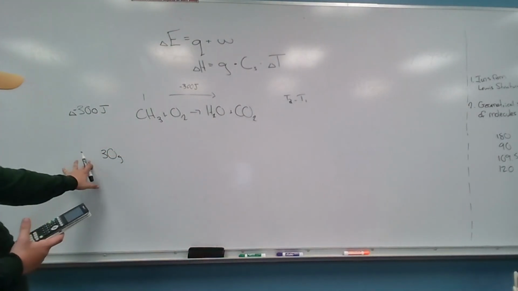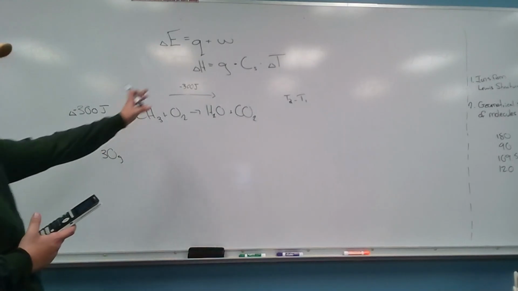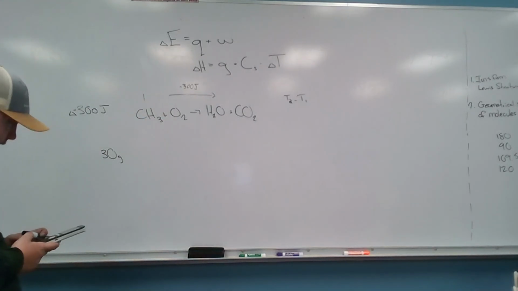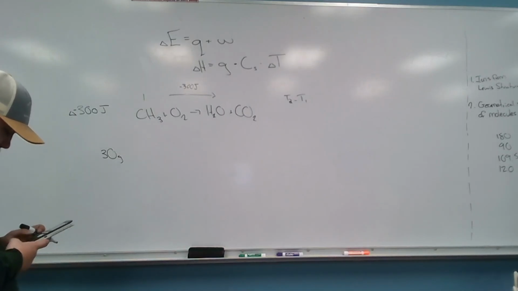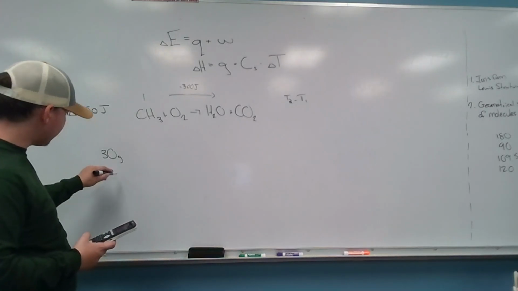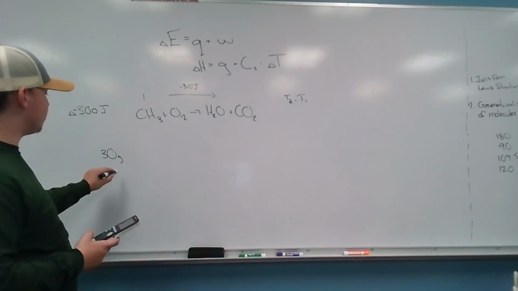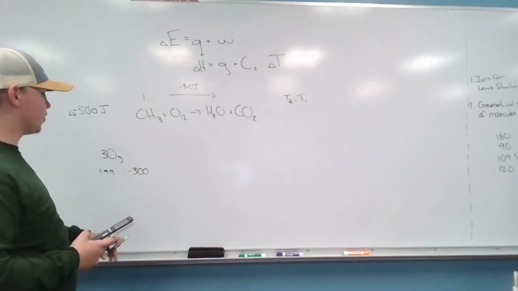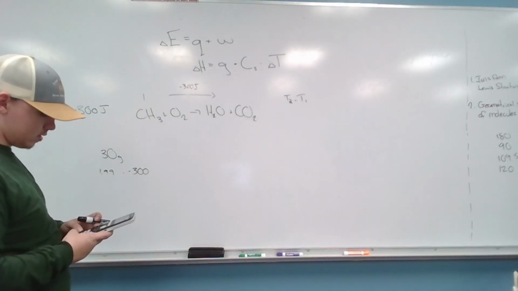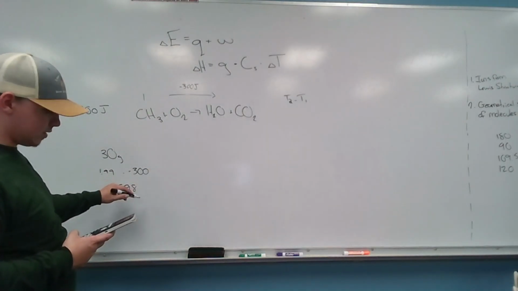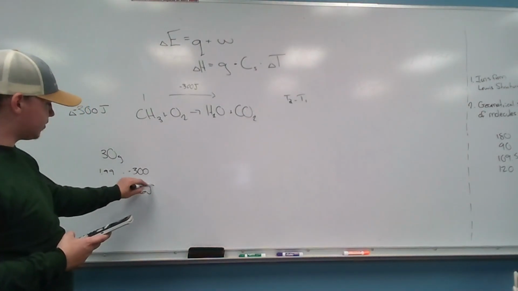If I have 30 grams of CH3, how much energy was released in this combustion? So 30 divided by alpha C plus 3 alpha H is 1.99 moles. So all I have to do is multiply 1.99 by negative 300, because that's how many moles there were, and I'm going to end up with negative 598.6 joules.